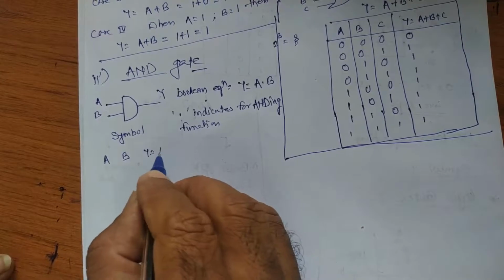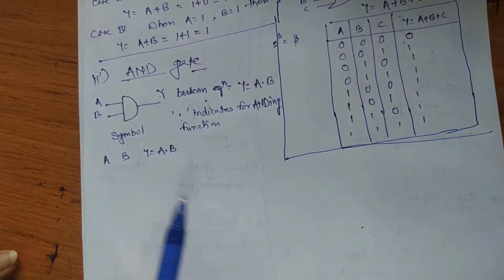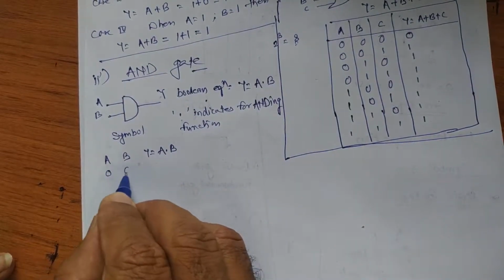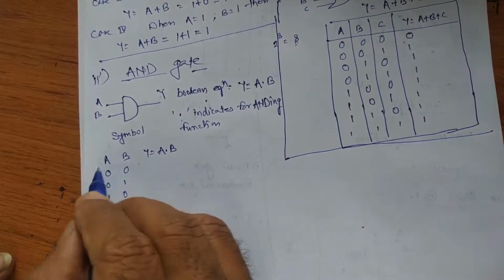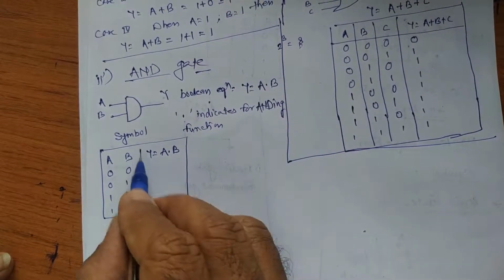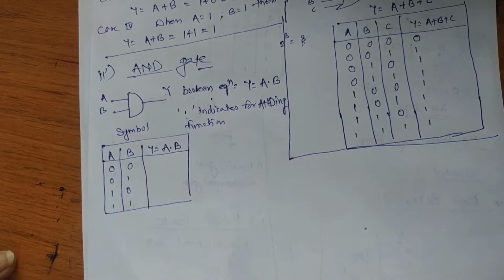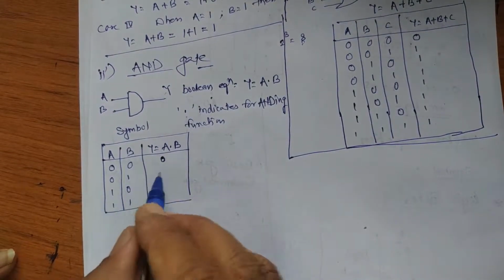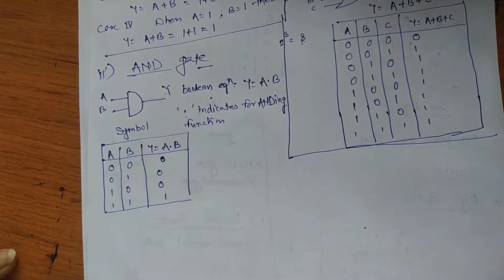That is Y is equal to A and B. We also say that Y is equal to A into B. 00, 01, 10, 11. 0 into 0 is 0, 0 into 1 is 0, 1 into 0 is 0, 1 into 1 is 1.